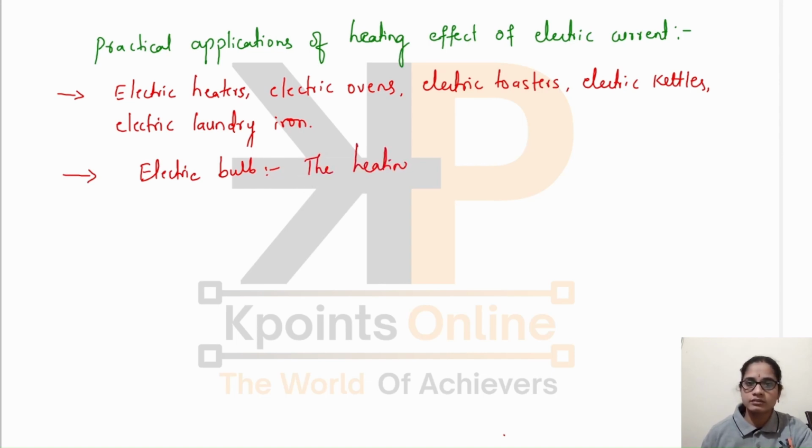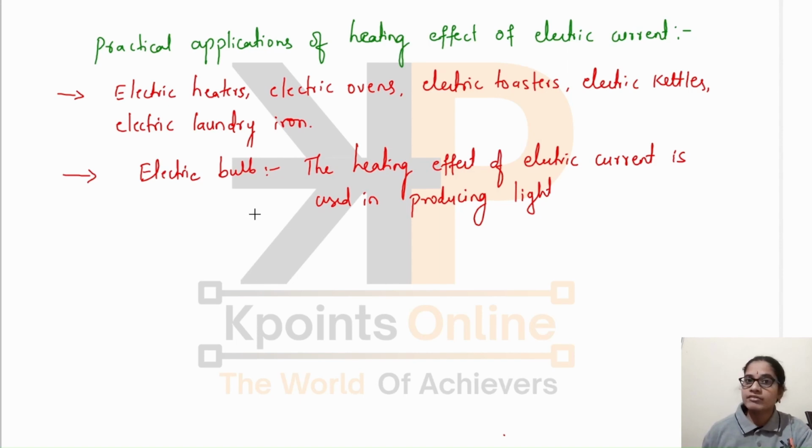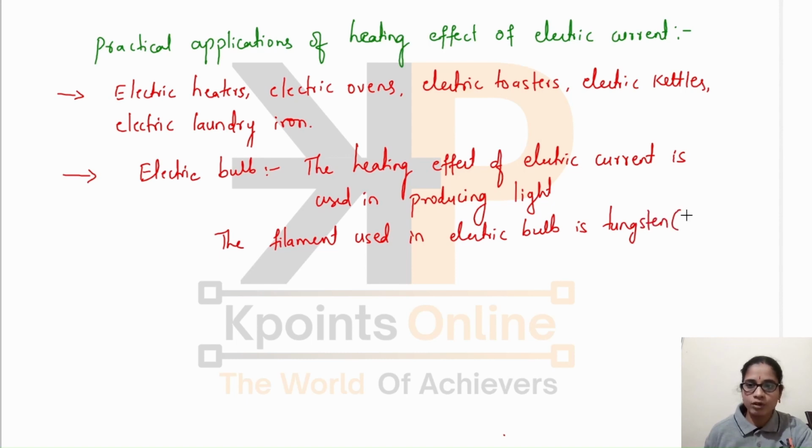The heating effect of electric current is used in producing light radiation. And the filament used in the electric bulb is tungsten, having a high melting point of 3380 degrees Celsius.